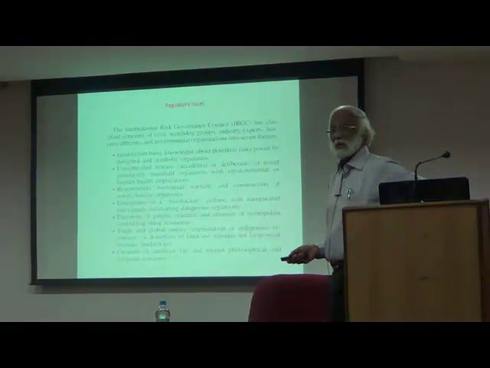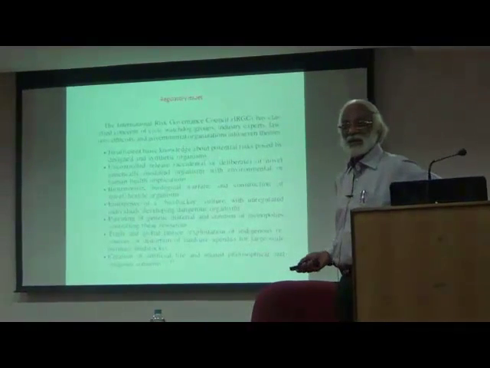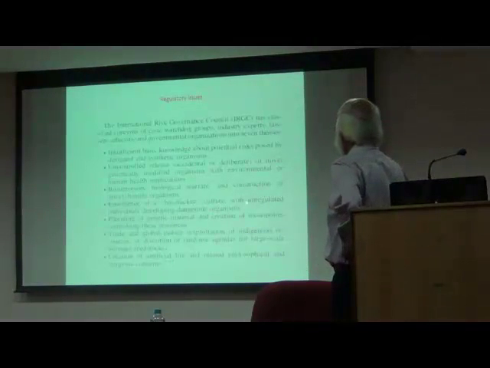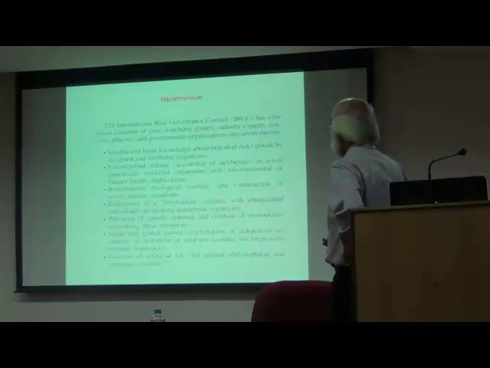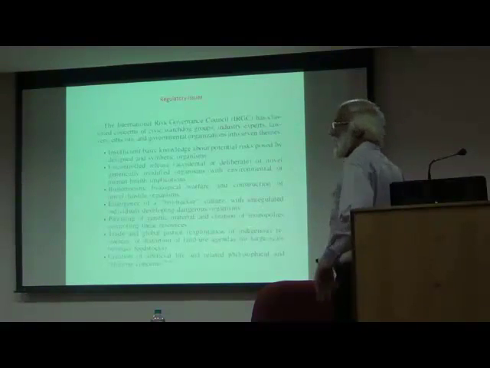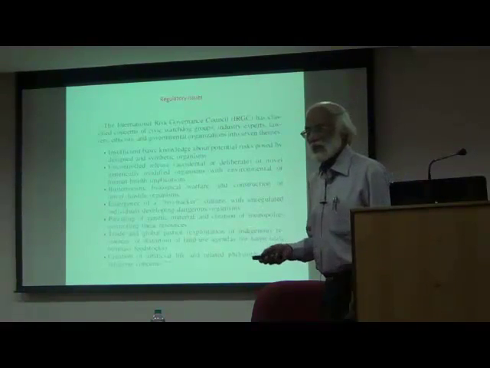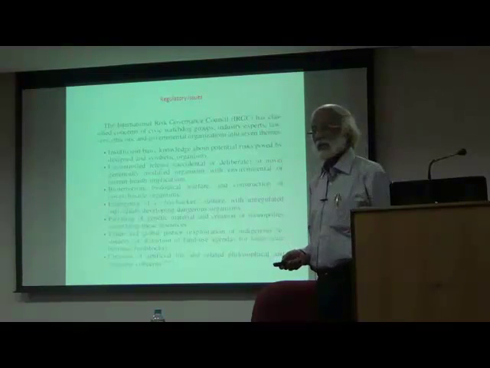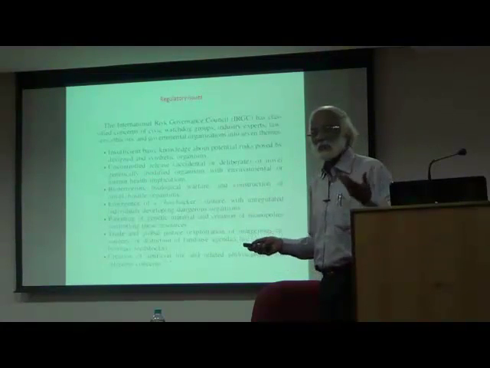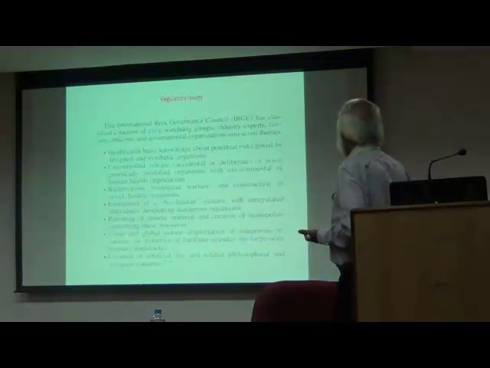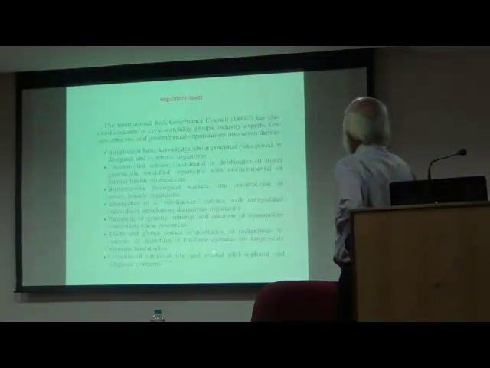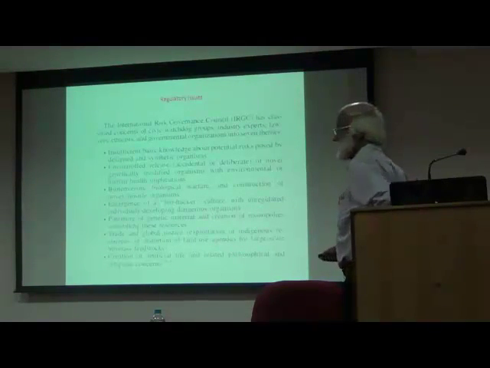Unregulated individuals may develop dangerous organisms. Patenting of genetic material, and the multinationals will be leading and patenting all these organisms. What does it lead to? Trade and global justice destruction, creation of artificial life and related philosophical and religious concerns.